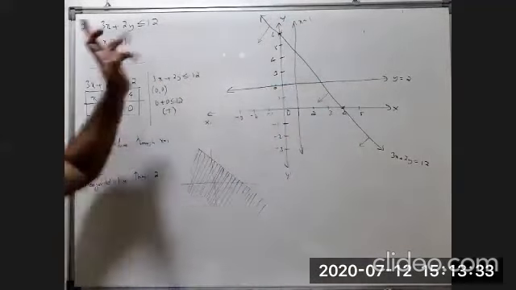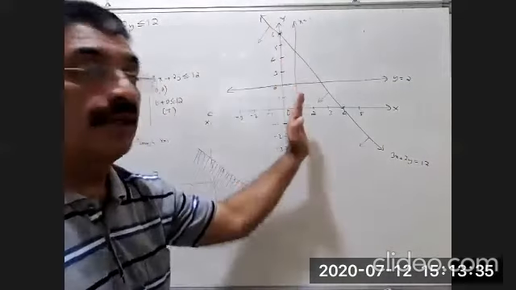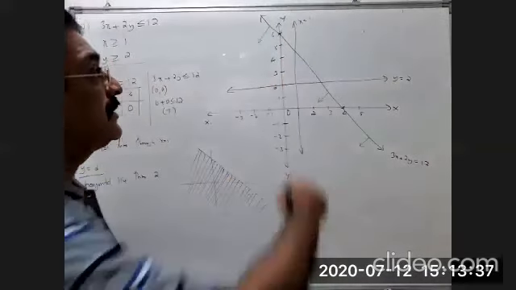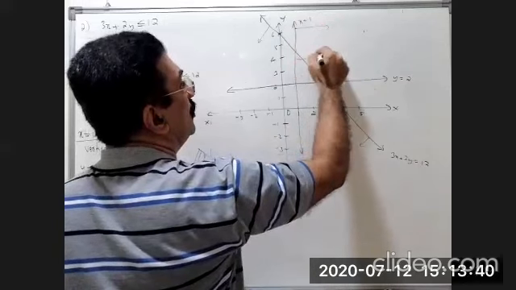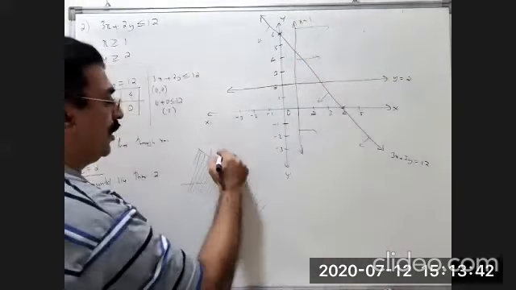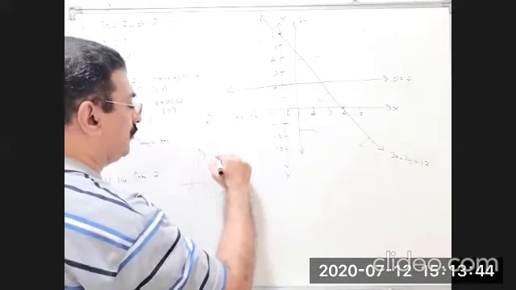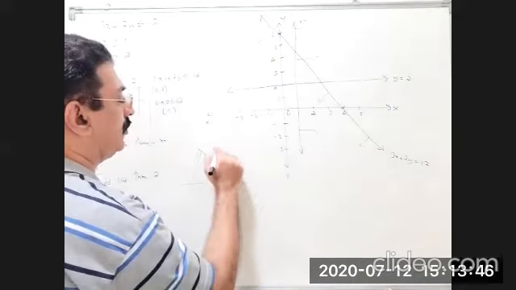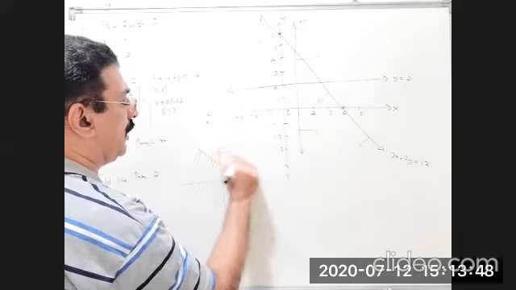So this x is equal to 1. X greater than 1 means towards right of this one. So I'm drawing line here. Say towards right also I'm shading.